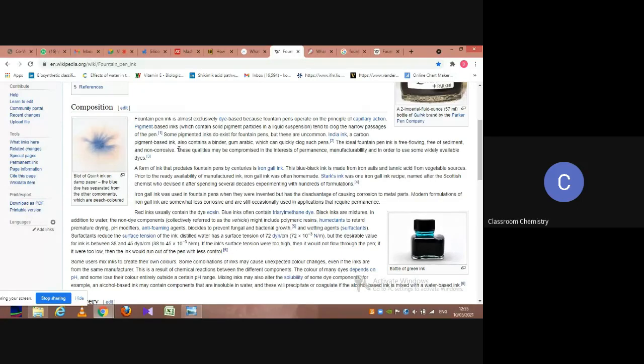This nib can get blocked by these materials and dye. So we have to find the solution to avoid this blocking or clogging of the material.